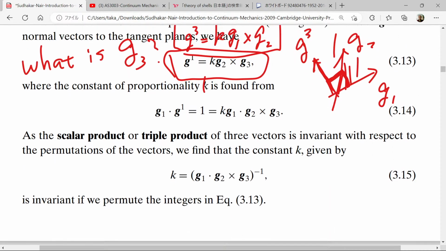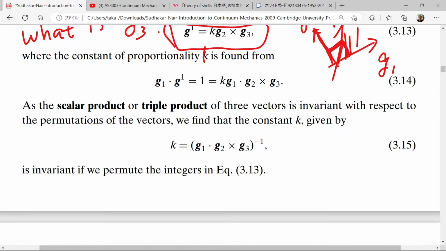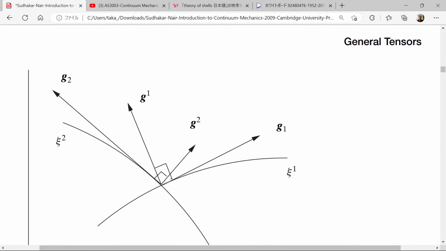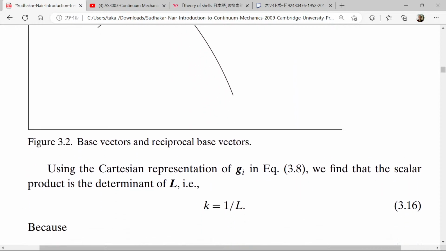As the scalar product or triple product of three vectors is invariant with respect to the permutations of the vectors, we find that the constant k given by something like this is invariant if we permute the integers in equation 3.13, base vectors.